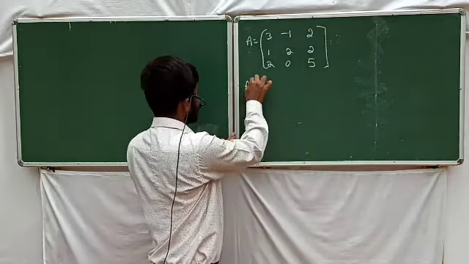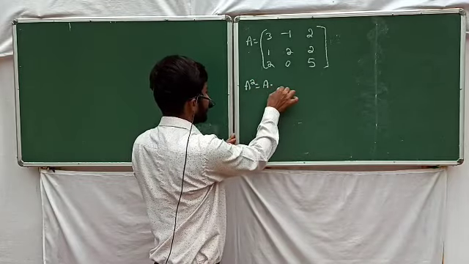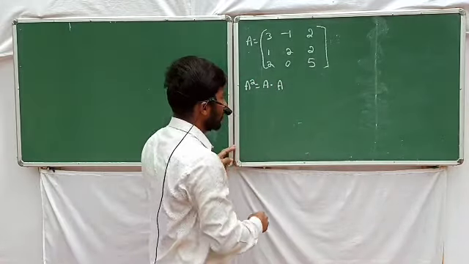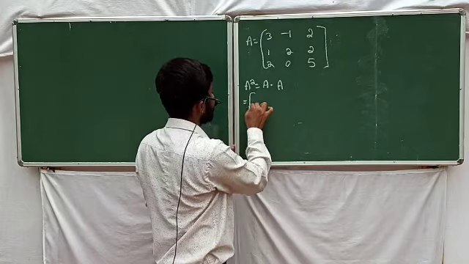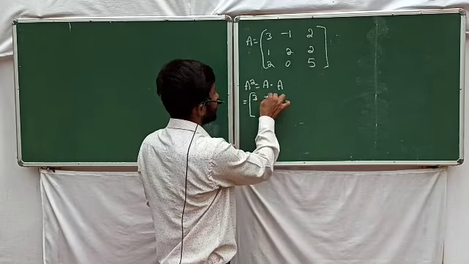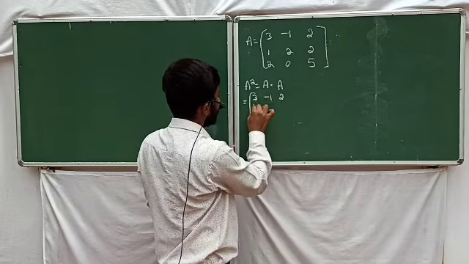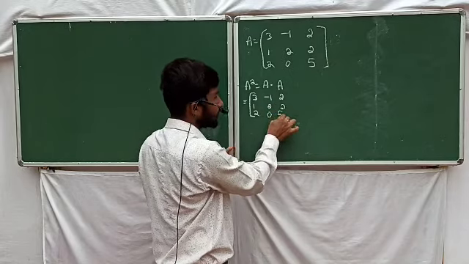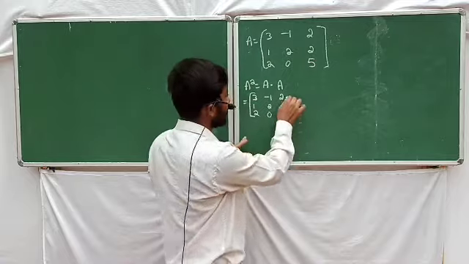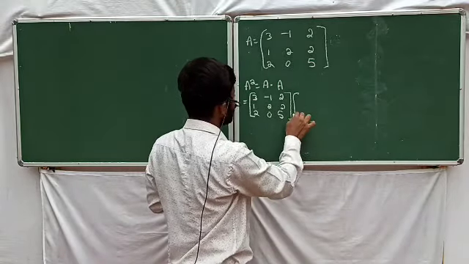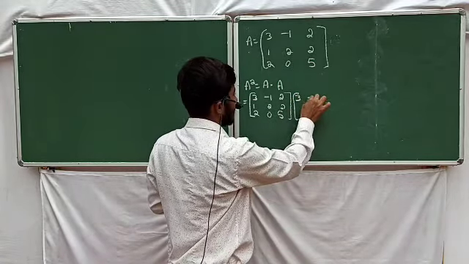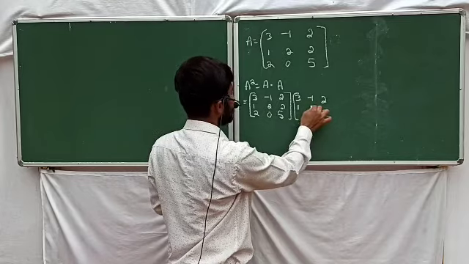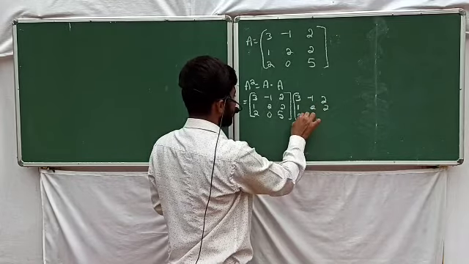A square is equal to A into matrix A. What is matrix A? 3 minus 1 2, 1 2 2, 2 0 5. This is the value of matrix A. You need to multiply this matrix by the same matrix, 3 minus 1 2, 1 2 2, 2 0 5.